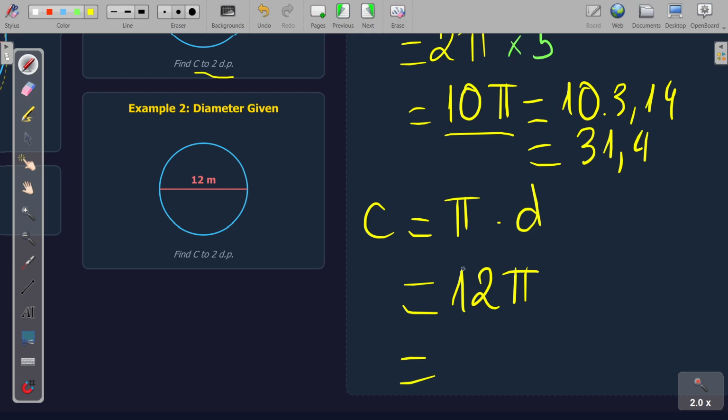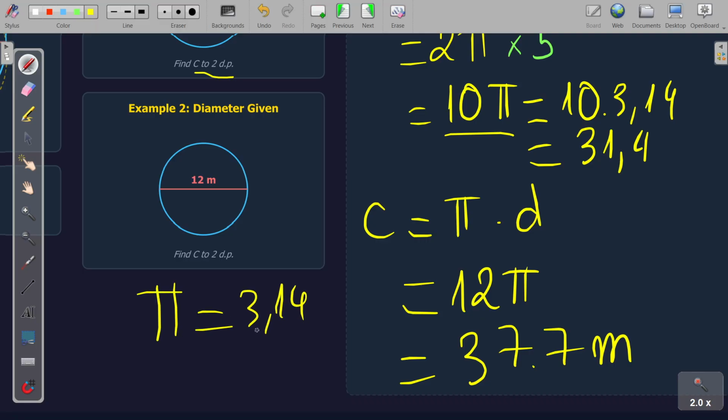And then 12 pi is about 37.7 meters. I'm doing this because I'm rounding to 2 decimal places, and I know pi is a very typical number of 3.14. So I'm multiplying this, and I get the answer that I need. But usually leaving it as 12 pi is fine as well. So it was pretty chill.